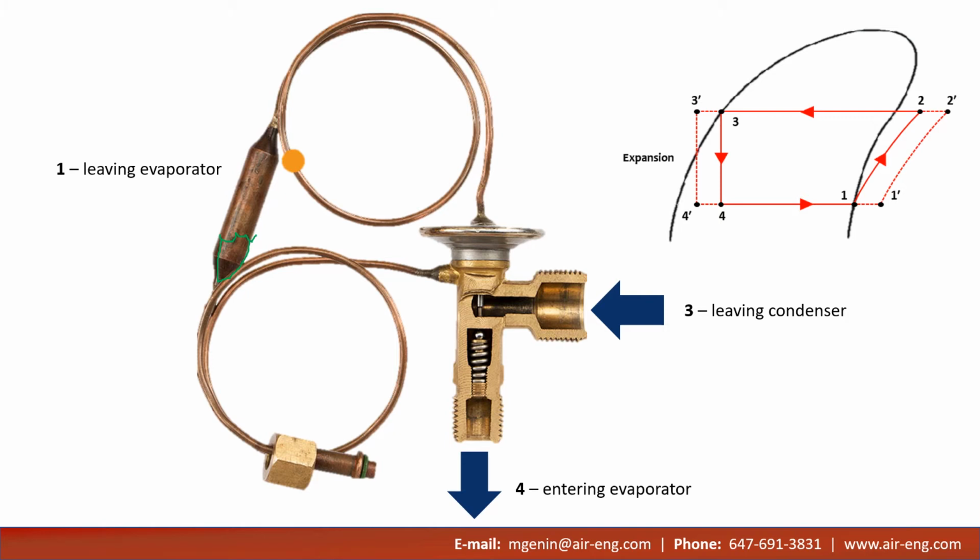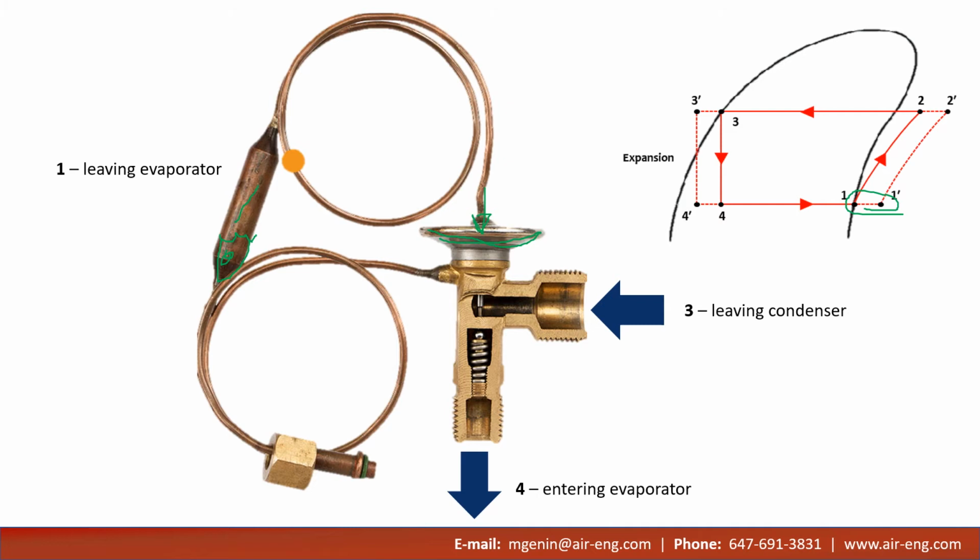And this bulb is connected to the suction line entering the compressor. And when the suction temperature increases, this liquid will boil and it will go through this capillary tube and enter this diaphragm, and it will push this diaphragm downwards.